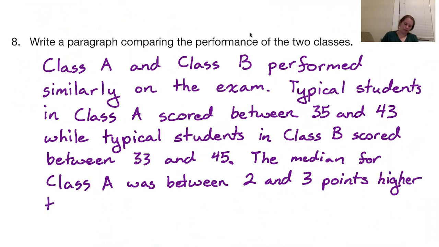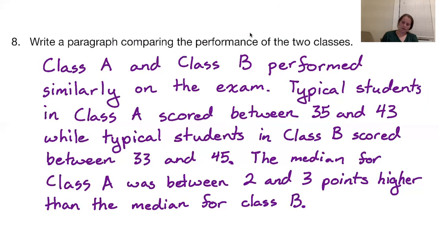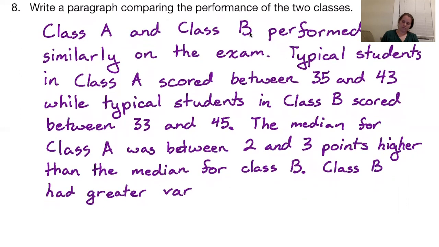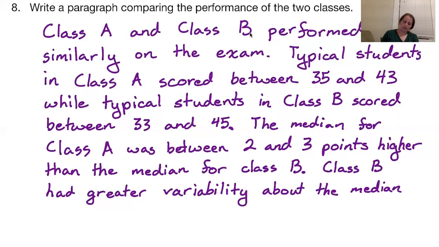Class B had greater variability about the median, based off the IQR.